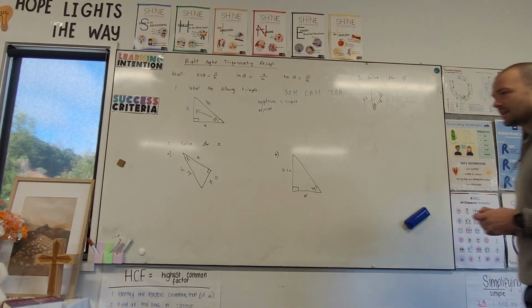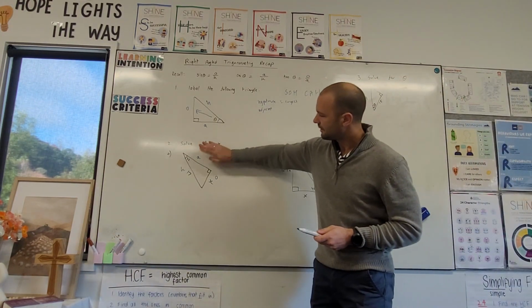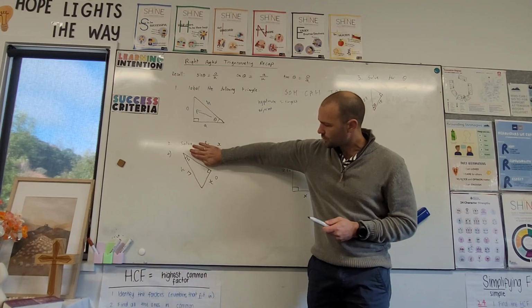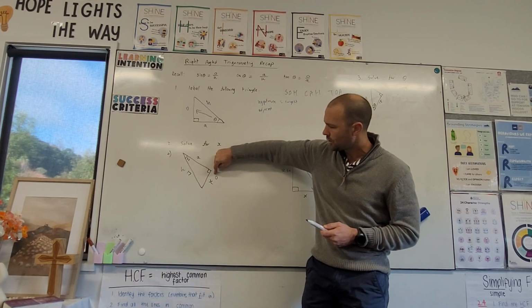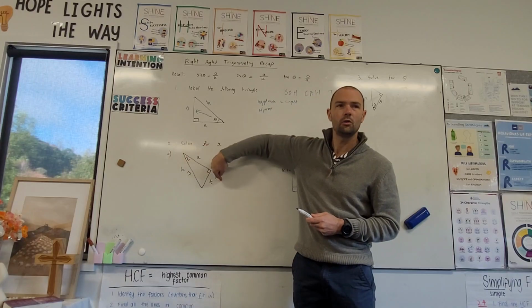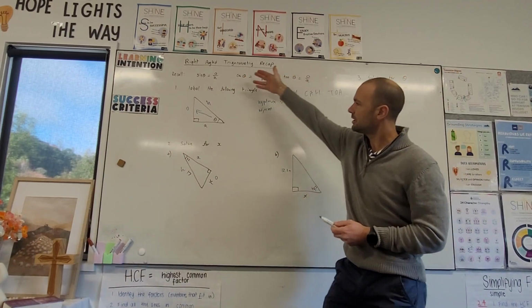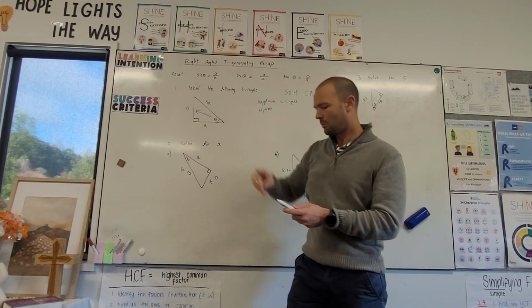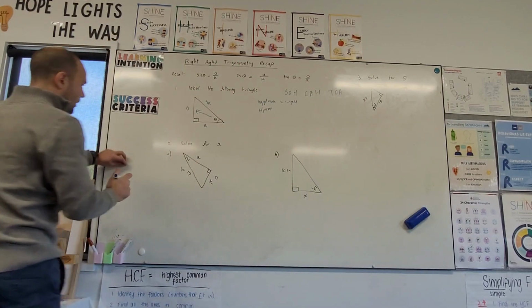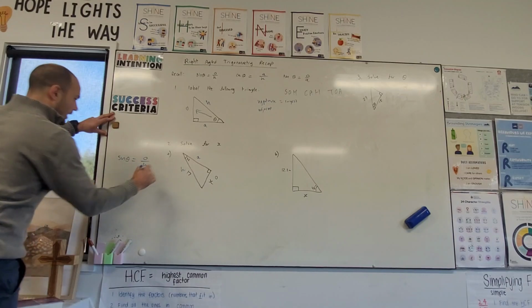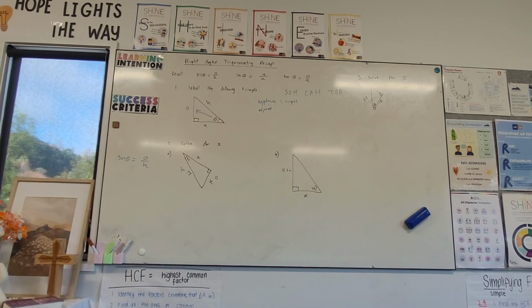Okay, so we label the triangle. Then we see, all right, we don't have anything at A there, so we're going to disregard A. We want to know what's the trig ratio that involves O and H. You can have a look up here, which one has O and H in it? Sine. So what we'll do is write out sine theta equals O on H. Okay, that's the trigonometric ratio.